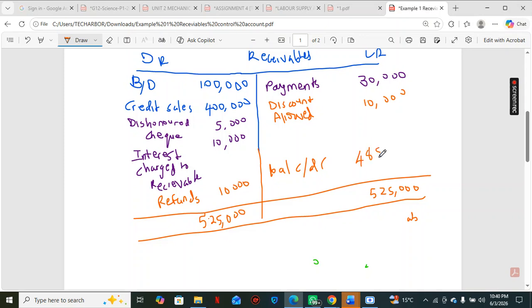This is the balance carried down. Then at the beginning of the next period, you say balance brought down, 485,000. This is how much is being owed to you.